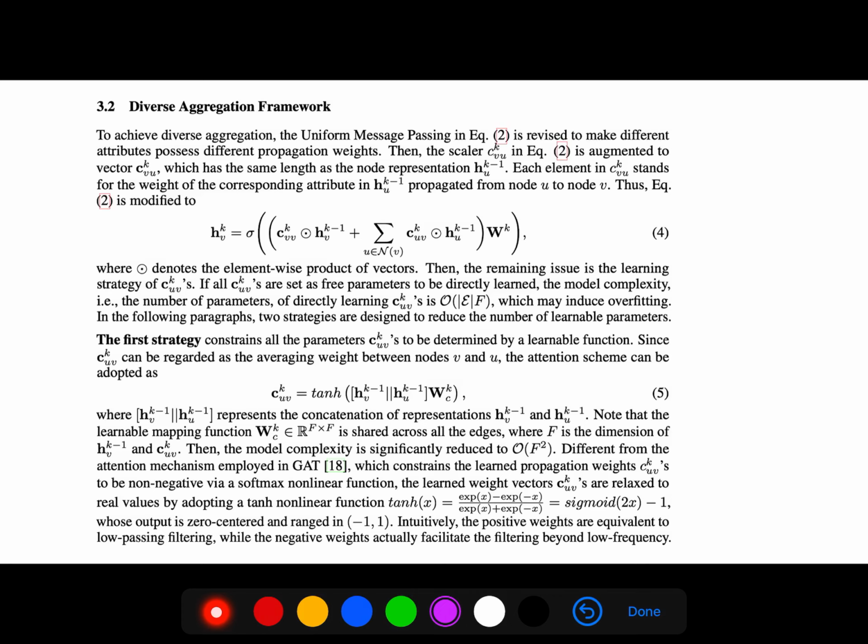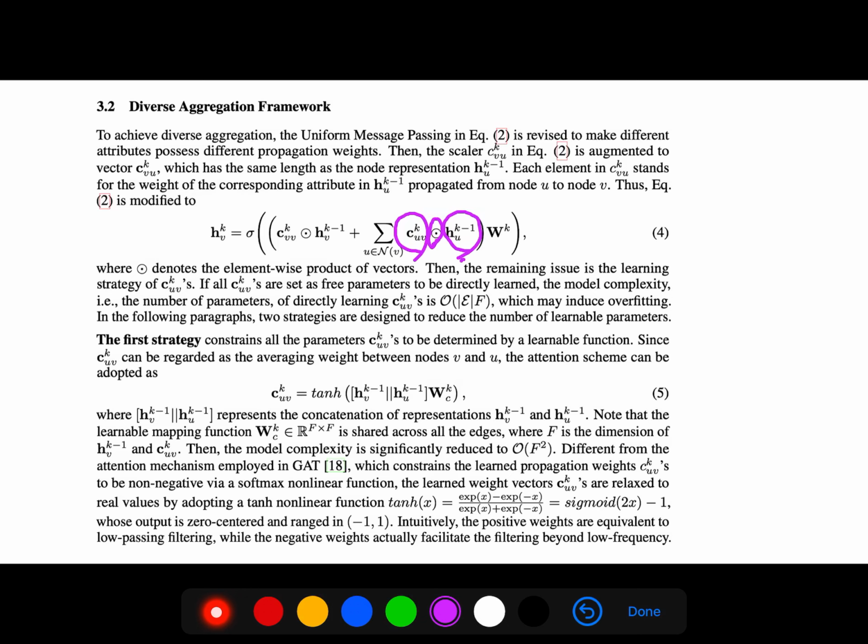So the scalar C sub UK that I showed you is augmented to vector C, which has the same length as the node representation H. So each element stands for the weight of the corresponding attribute. And this is just the element-wise product of the vectors.